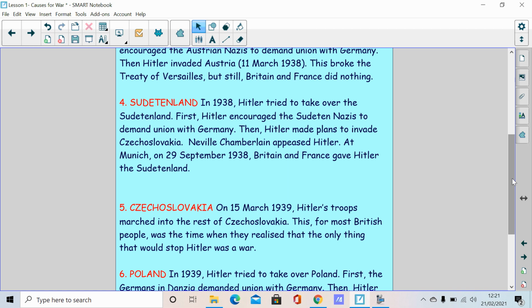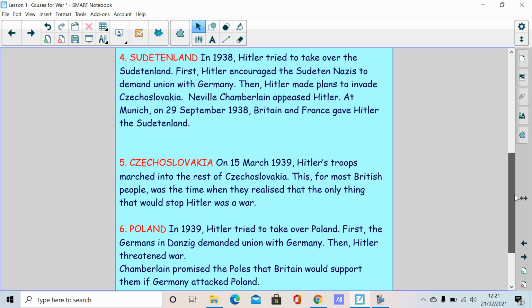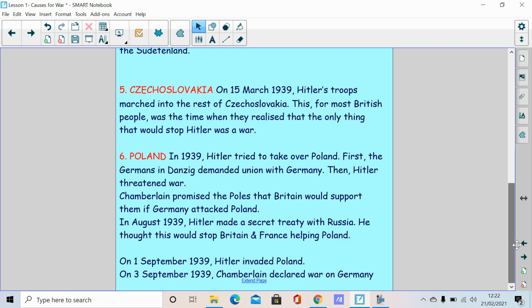But of course, Hitler didn't do that. On the 15th of March 1939, he invaded Czechoslovakia. So he took over the rest of Czechoslovakia. And for most of the British people this was the time when they realised that the only thing that would stop Hitler was a war.